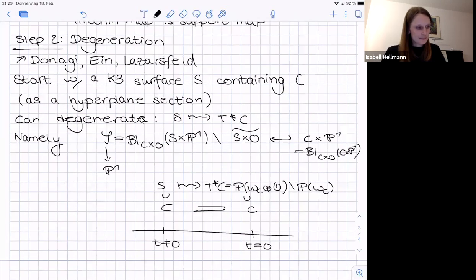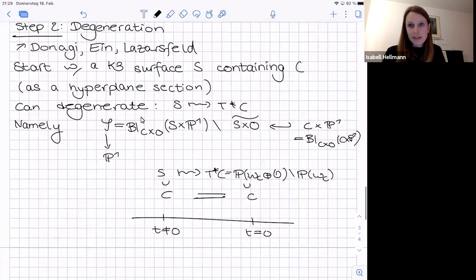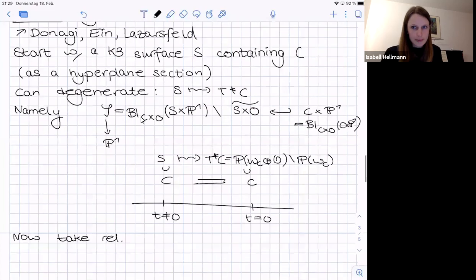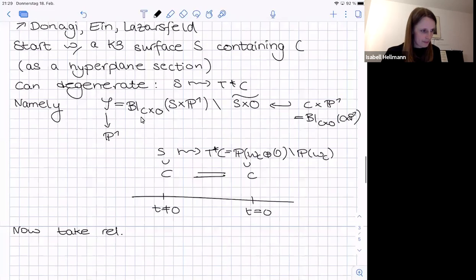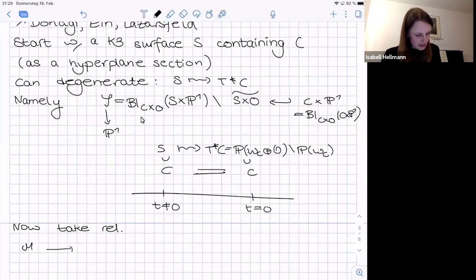Okay. So now it's clear what to do. I want to take relative moduli spaces. And all I did above now fits in this picture.